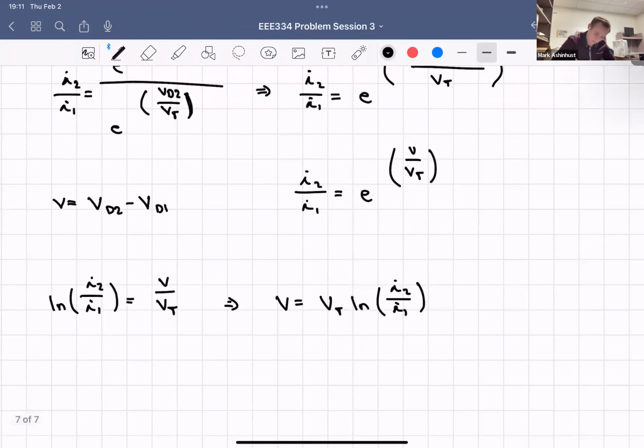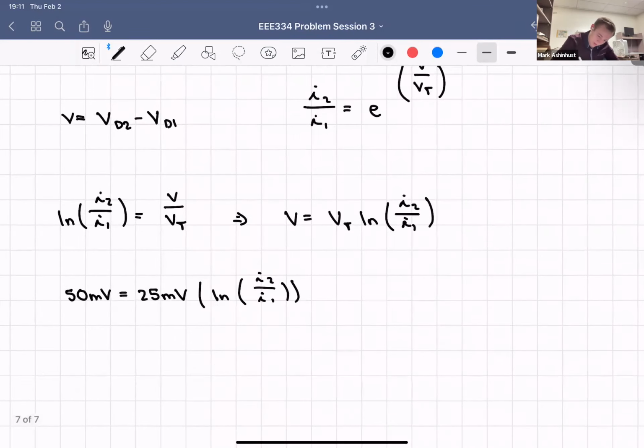And now we can plug in values. We have 50 millivolts is equal to 25 millivolts natural log I2 over I1. 50 millivolts over 25 millivolts is equal to 2. Let's do e to the 2 to get rid of the natural log, which equals I2 over I1. e squared is a constant.